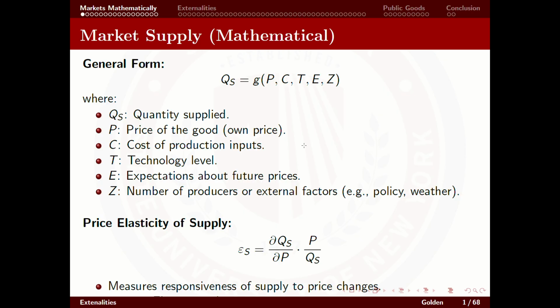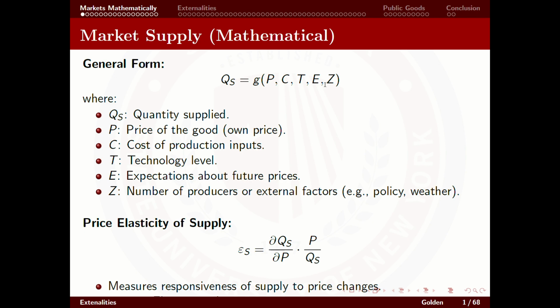So just a reminder, for the supply curve, you have a quantity supplied, and then you have some function of price, production inputs, technology, expectation about future prices, number of producers, and external factors. Over time in any economics class, and especially in environmental, the goal is to go from equations that are relatively simple and relatively concrete to equations that account for more and more variables.